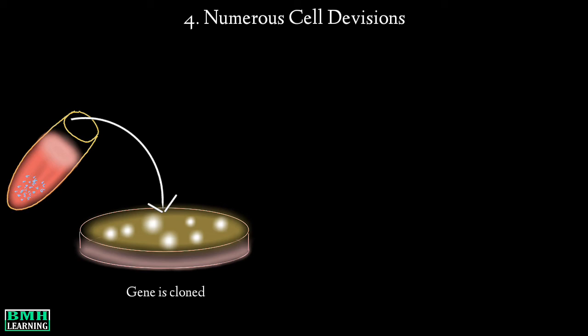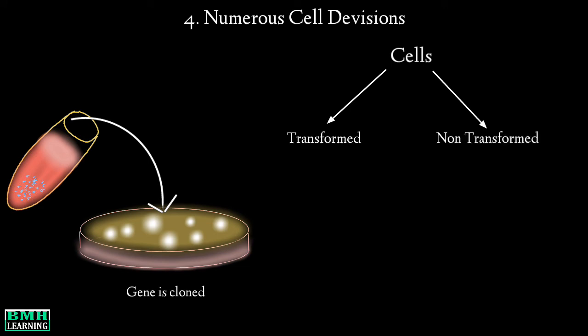But here we face another obstacle. If you were listening clearly, I mentioned some of the host cells would take up the plasmid, not all. What does that mean? It implies we are getting two types of cells, transformed and non-transformed. The transformed colonies are those in which the cells have taken up the plasmid.